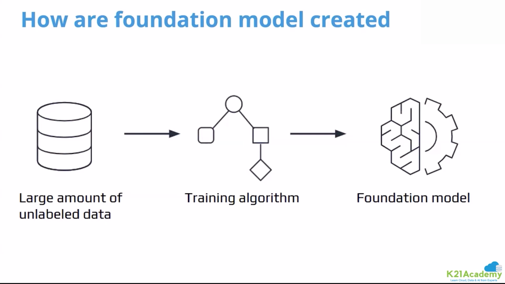First thing you do in any foundation model creation is data collection. Yesterday, people were talking about how important data is. There is nothing in AI, ML, generative AI without data. The first step in foundation model creation is to collect.